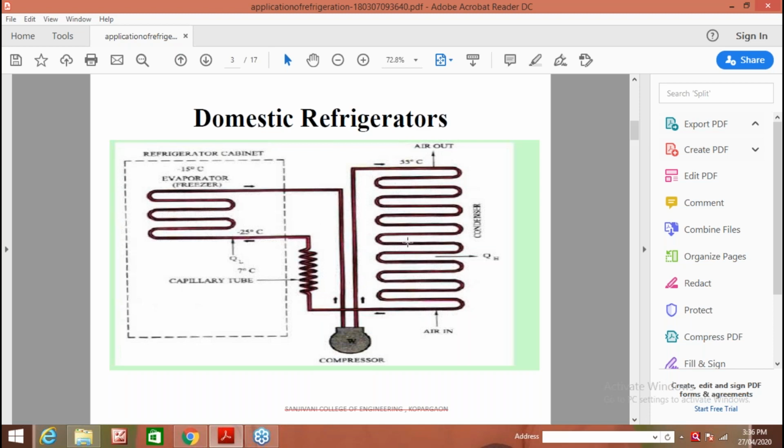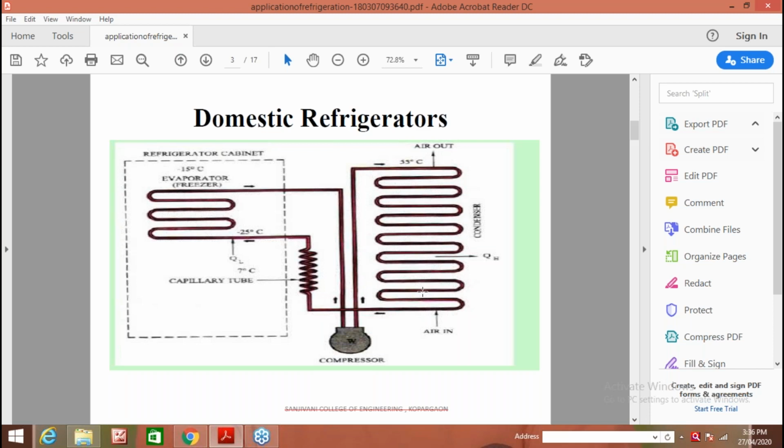Understood? Now the condenser is made up of copper tube and is placed at the backside of the refrigerator, where it is provided with fins and directly rejects heat to the atmosphere, or in other words, it gets cooled by atmospheric air.